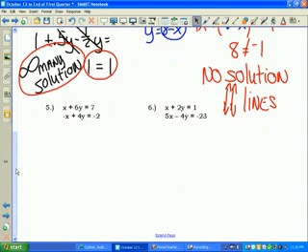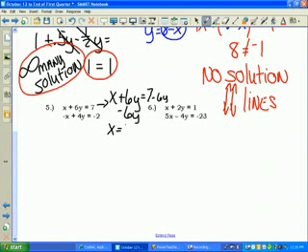Number 5. So we're going to solve. The easiest one that I see, I want to solve this first equation for x. So if I solve it for x, I'm subtracting 6y on both sides. So now I have x equals 7 minus 6y.